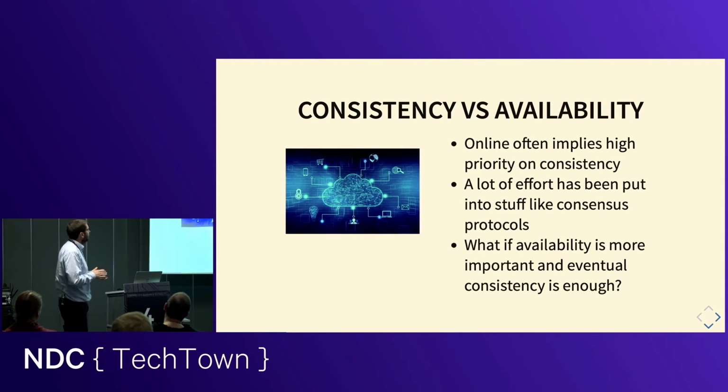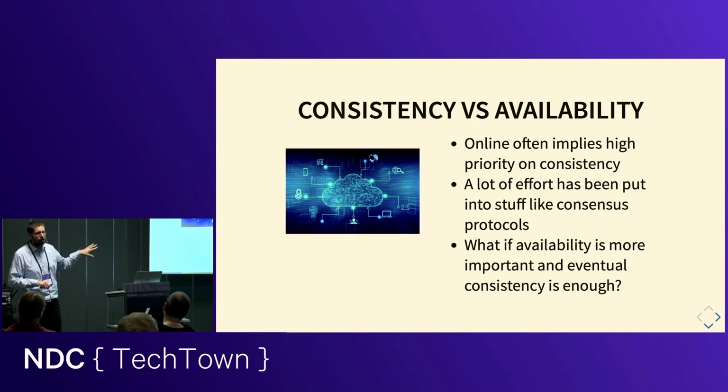And a lot of effort in the cloud domain is on consistency. You have all these fancy consensus protocols to be able to make sure that you have one true view of the world. Because consistency is very easy if you have a single source of truth.